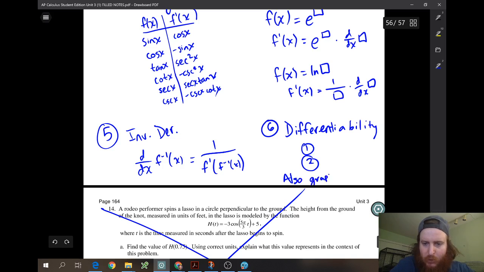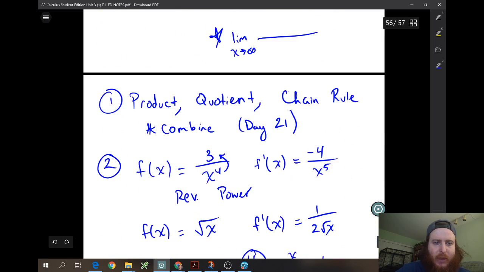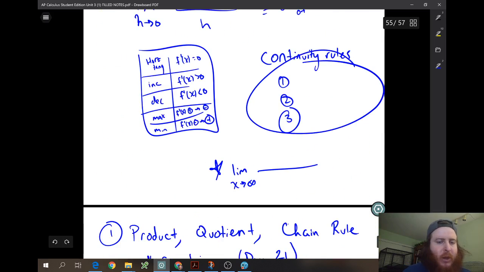So knowing that discontinuities are not differentiable, that cusps and corners are not differentiable, and that vertical tangents are not differentiable. And finally, knowing that if I tell you it's differentiable, that means it's continuous. So if I had a multiple choice question saying f of x is differentiable, which of the following must be true? Well, it must be continuous. And if it's continuous, what else is true? Then these three rules would also be true.